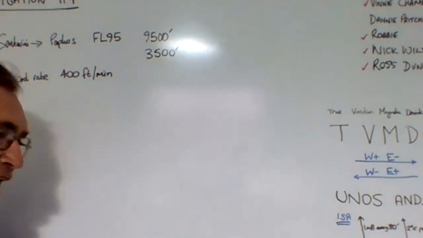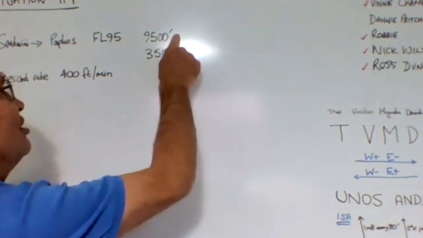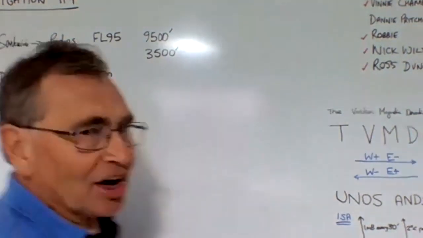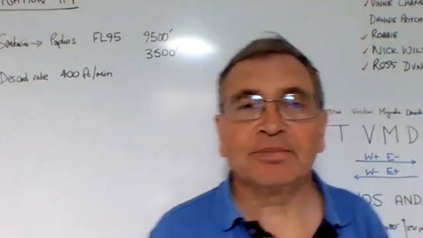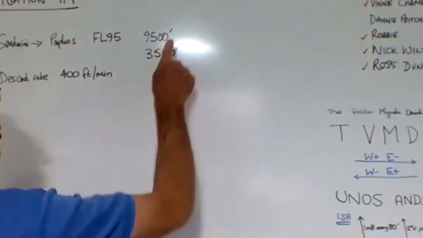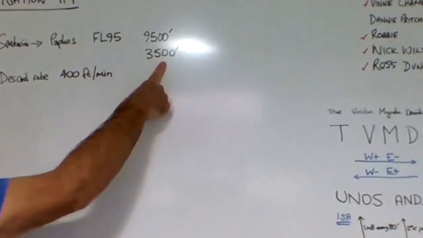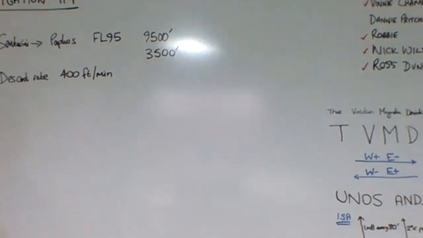So how long is it going to take you to descend from 9,500 feet to 3,500 feet? So Robbie, what do you reckon? How long is it going to take you to get from 9,500 feet to 3,500 feet at 400 feet a minute?